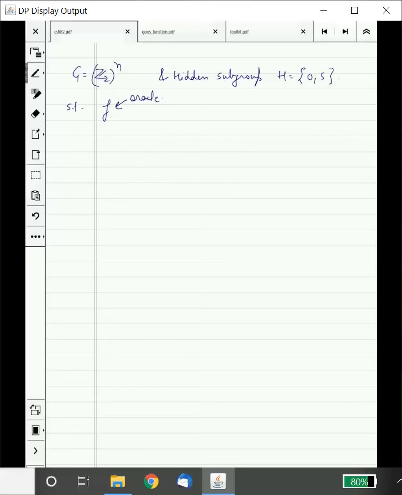That function had a property. What was the promise? The function was constant on cosets of H. Question: can you find H?